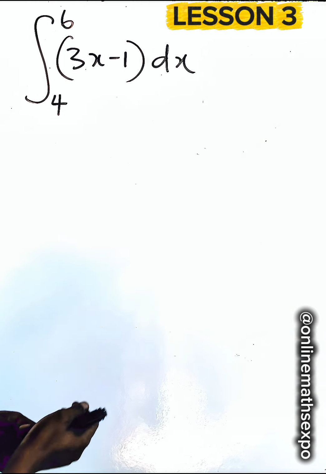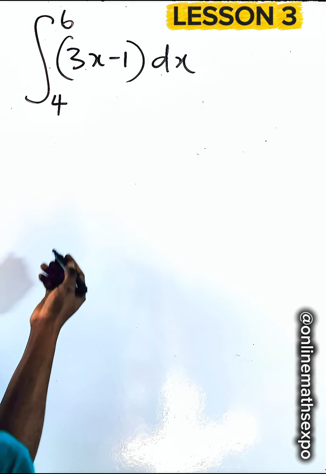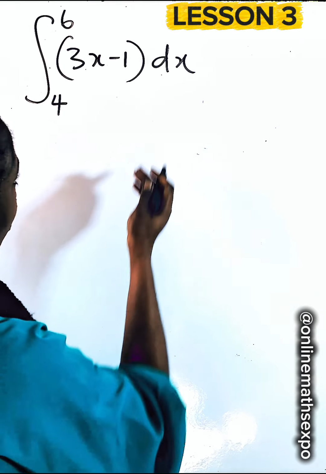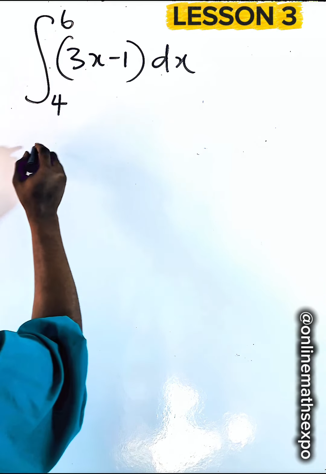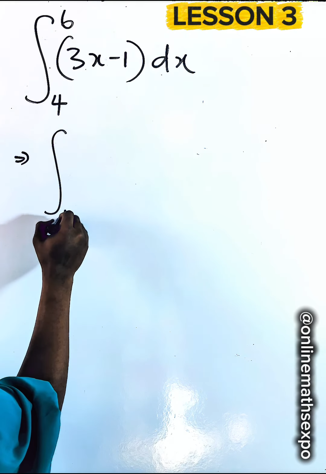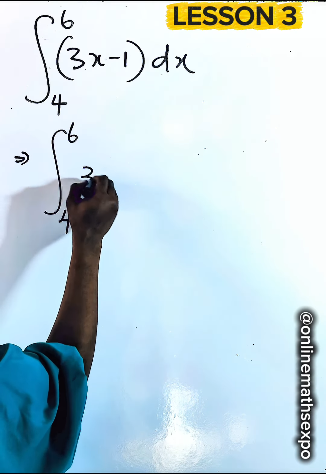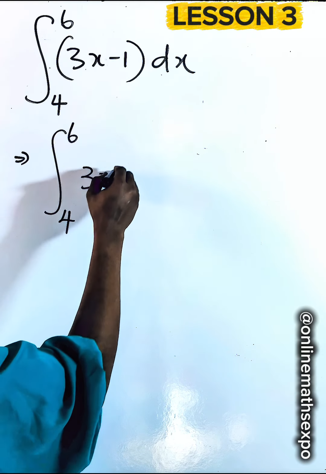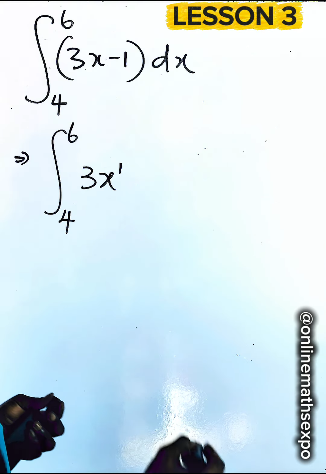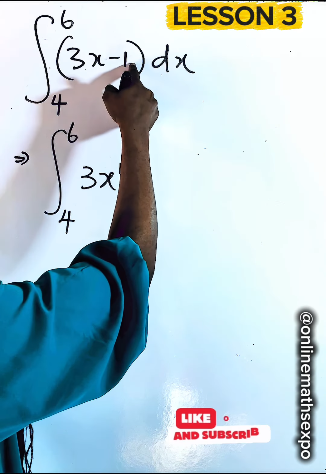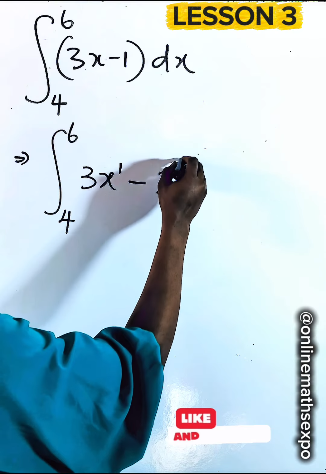To integrate this, what do we do? Remember, you're integrating with respect to x, so you can rewrite this function to be the integral from 4 to 6 of 3x minus 1. Remember, 3x is the same as 3x to the power of 1. Then minus 1 is the same as x to the power of 0.